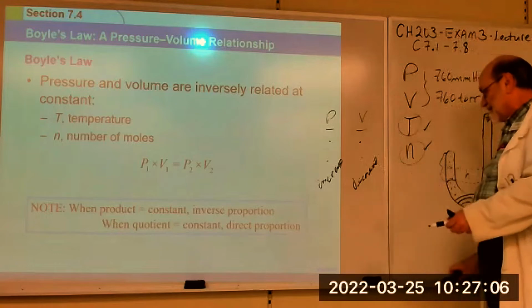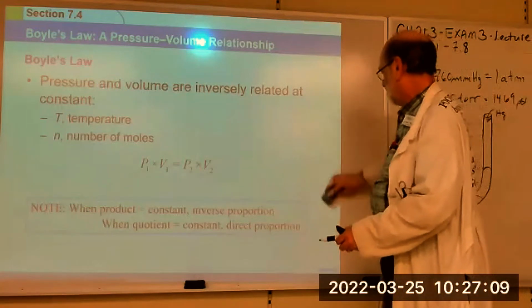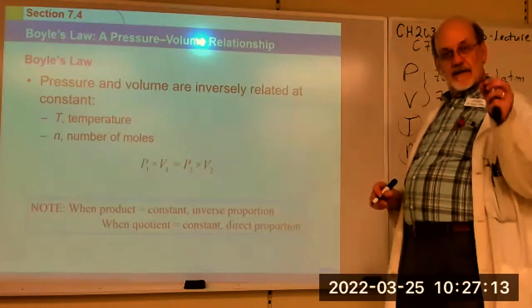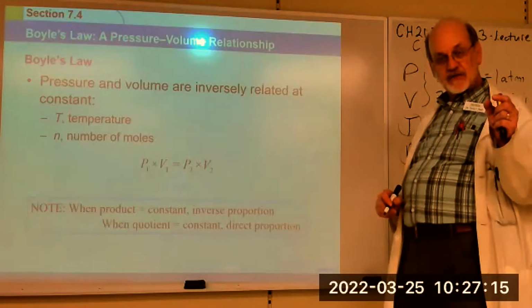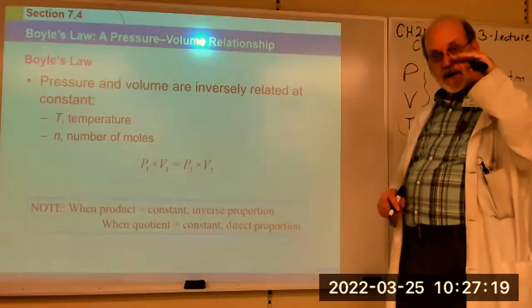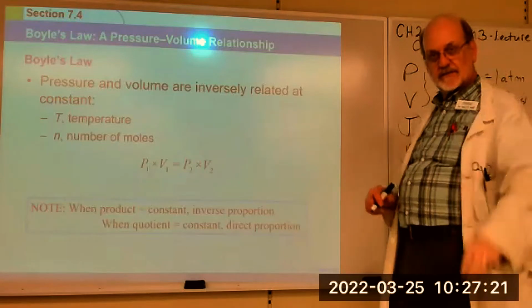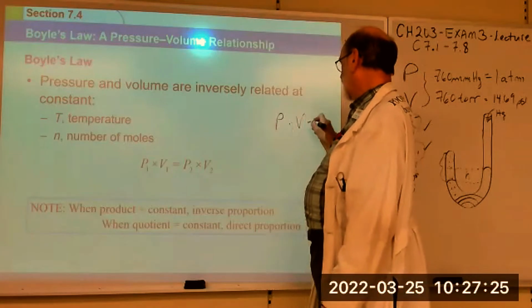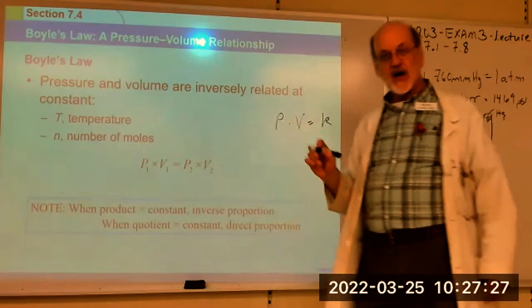Okay? So what he discovered was that the pressure that he measured times the volume of the gas at that particular time was always constant. So he said pressure times volume is a constant.